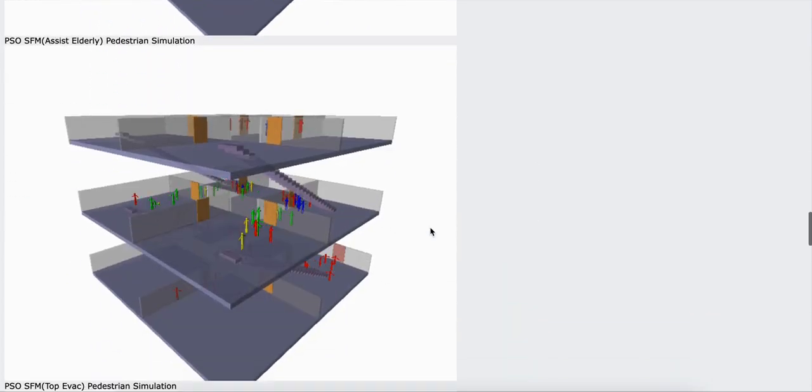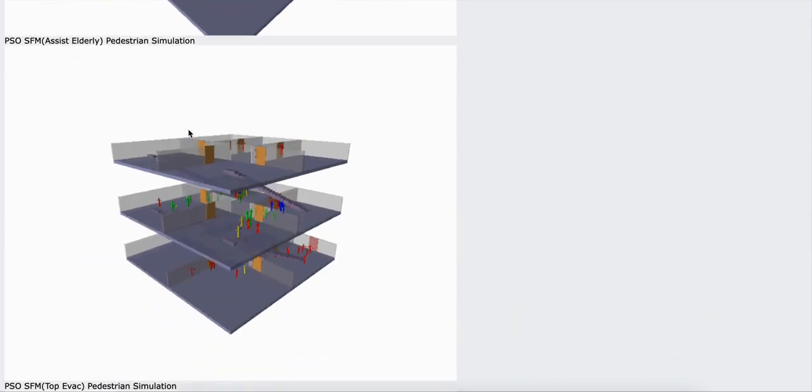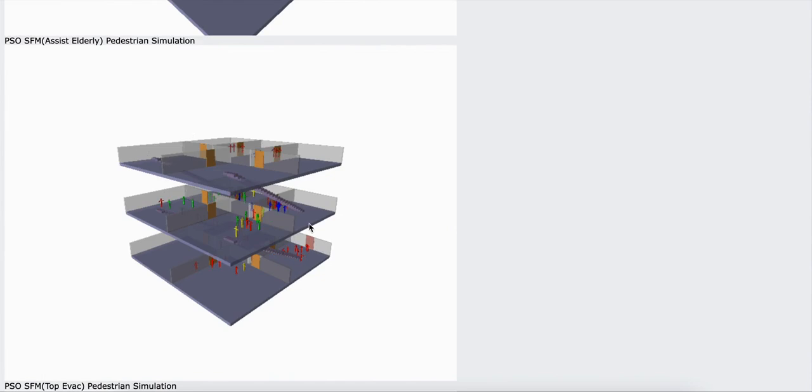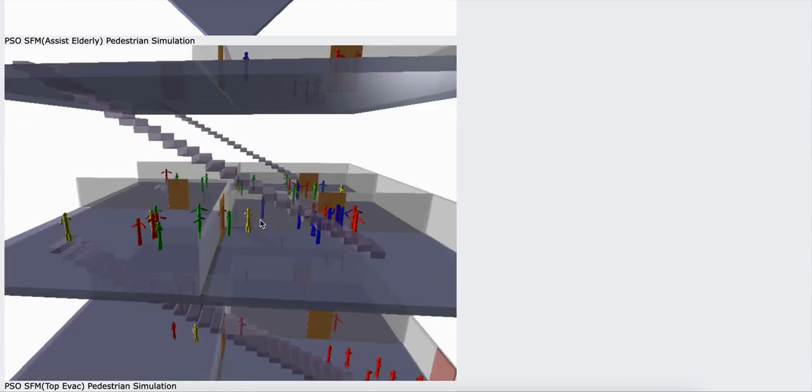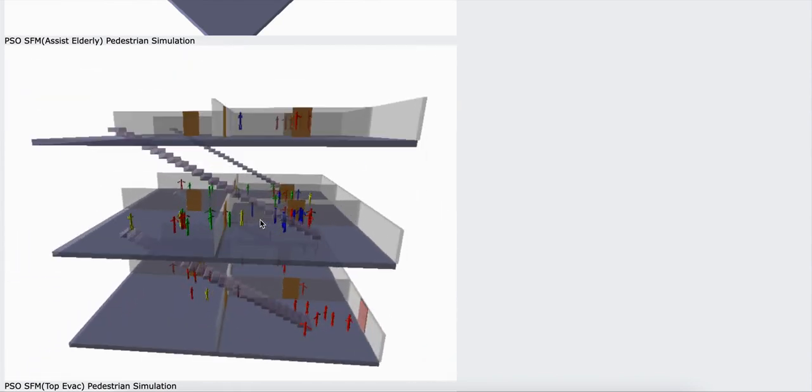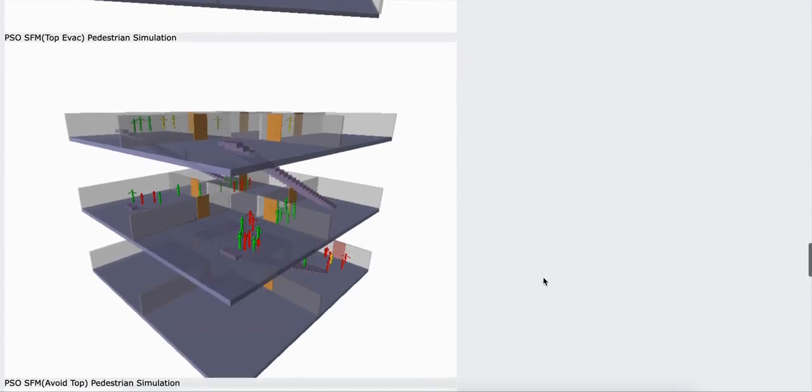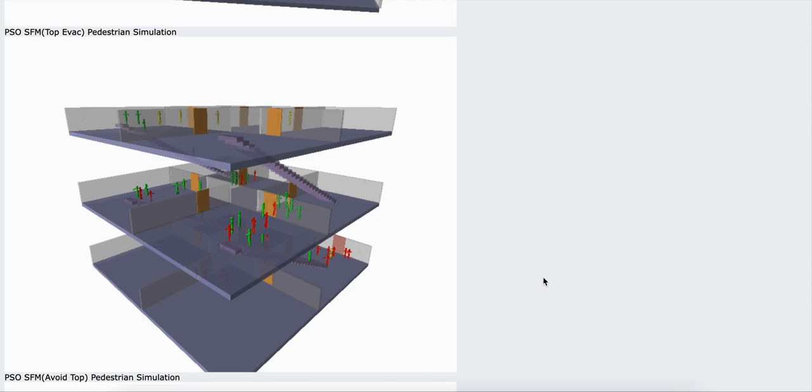And this is assist elderly, which is the exact opposite of what we just discussed, prioritizing elderly people over mobile pedestrians. The next one is top evac, wherein the priority is to evacuate the top floors, and once that is done, we go to the next floor.